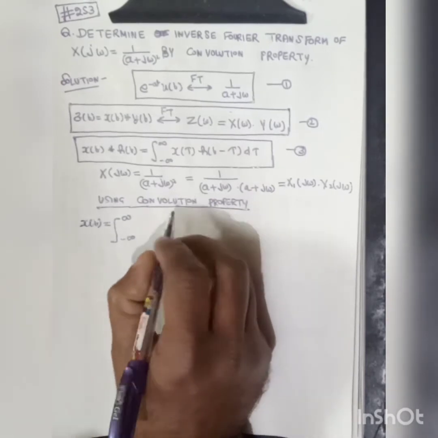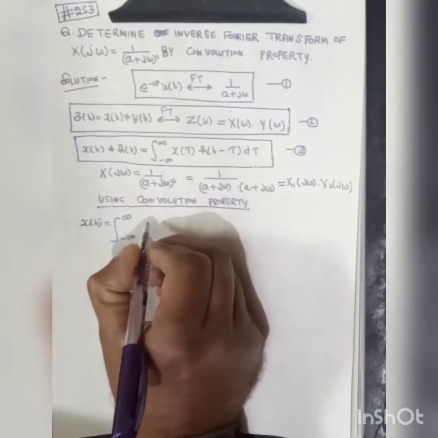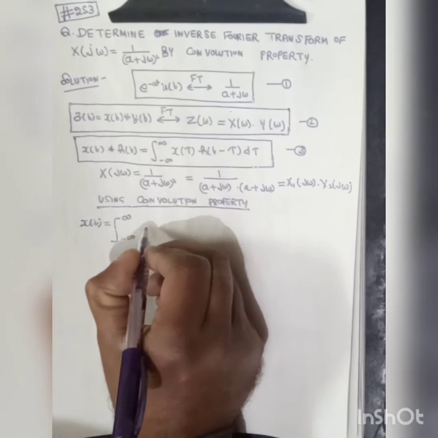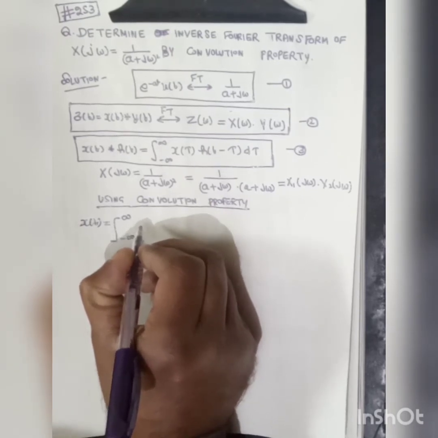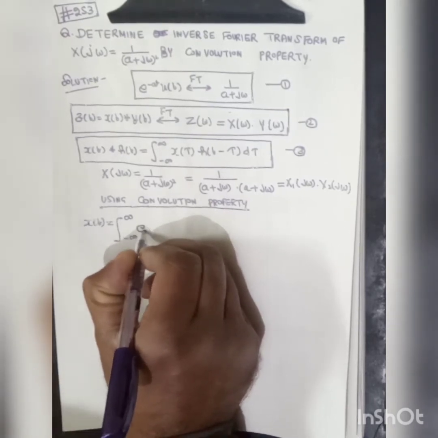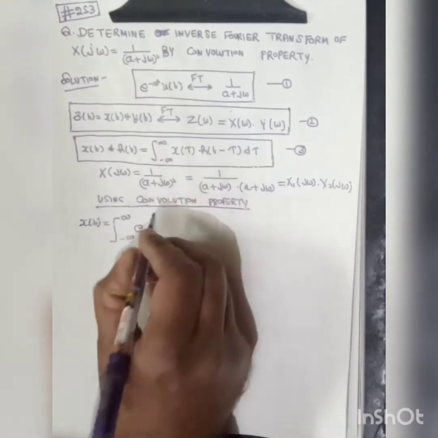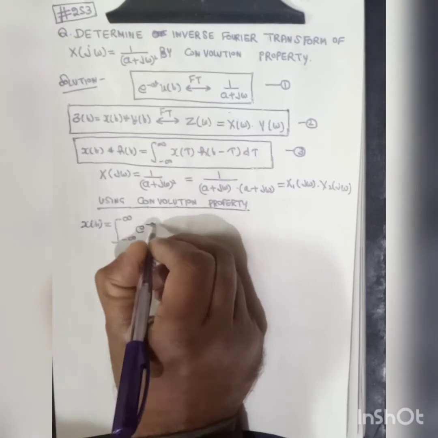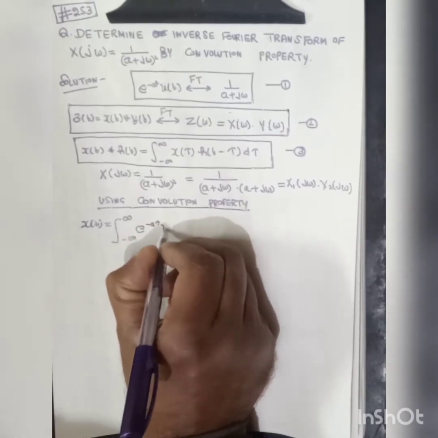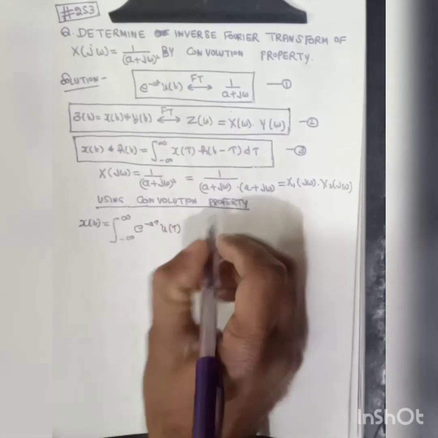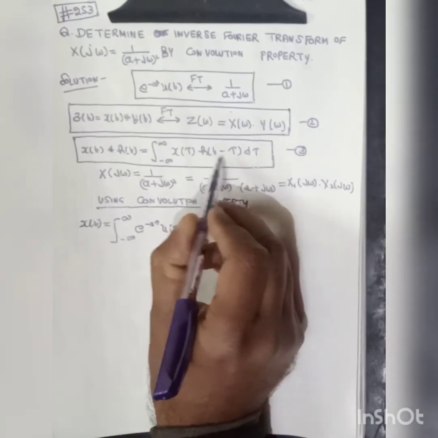So the inverse Fourier transform of the first signal is e to the power minus a tau u(tau), and the second signal is h(t minus tau).